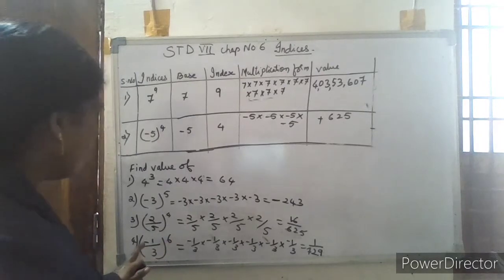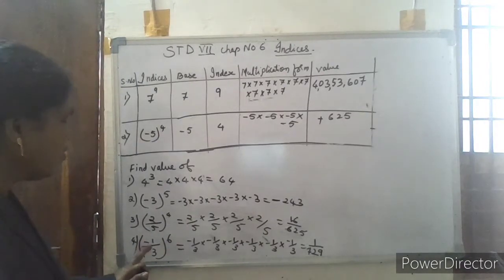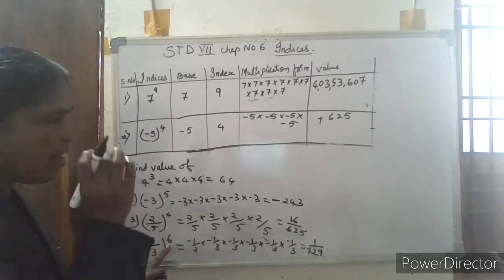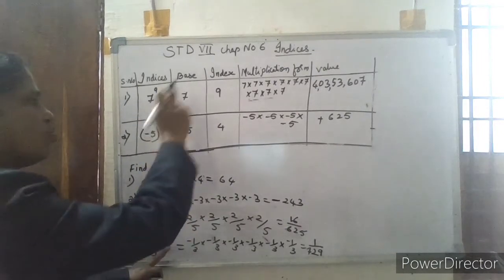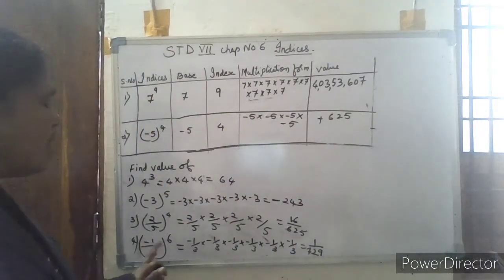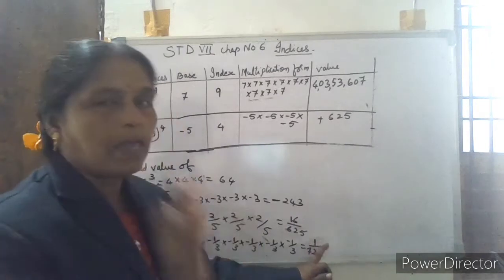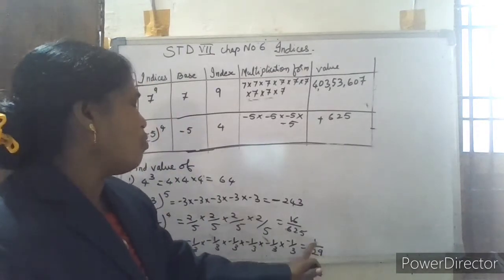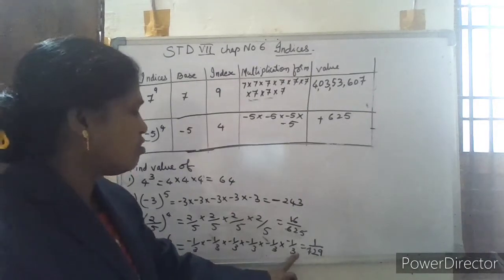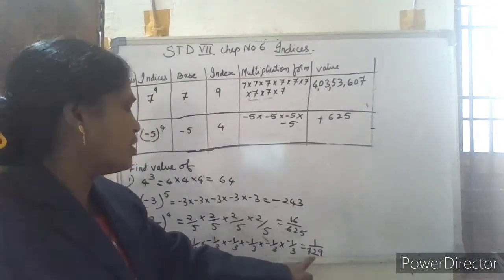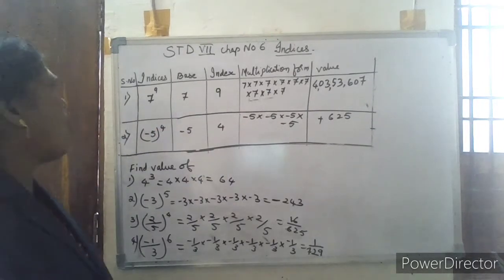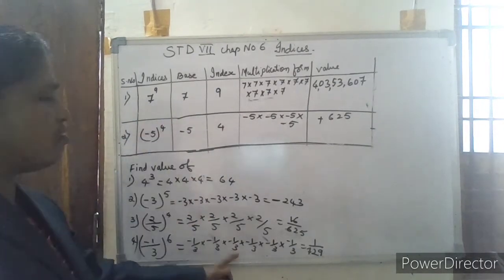Here you see it is negative, but the index or exponent is an even number, so the answer is positive. 1 multiplied how many times will be 1 only. So 1 by 3 into 3 into 3 into 3 into 3 into 3. If you multiply, you get 729. So in this way, we find the value of index numbers.